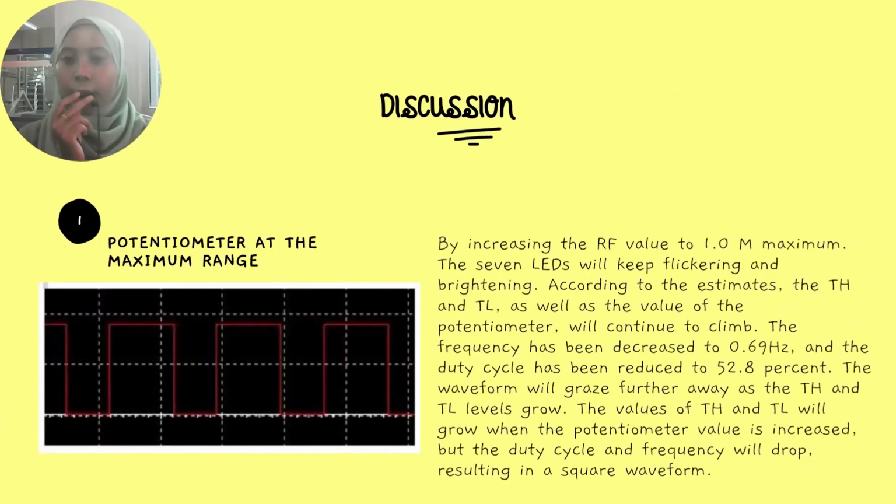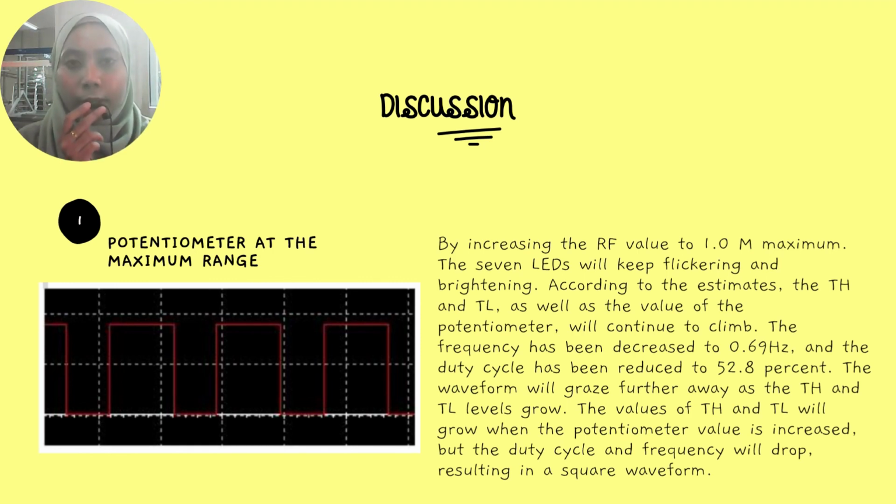Lastly, potentiometer at the maximum range. By increasing the RF value to 1 megaohm maximum, the 7 LEDs will keep flickering and brightening. According to the estimates, the TH and TL will continue to climb as the value of the potentiometer increases.